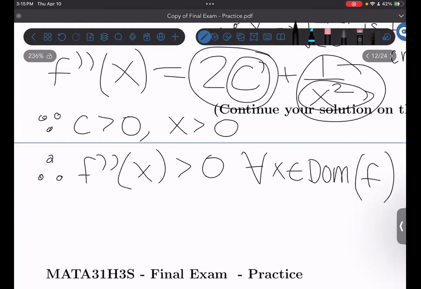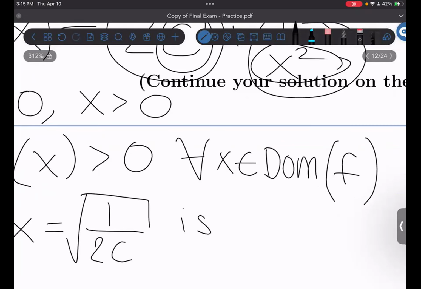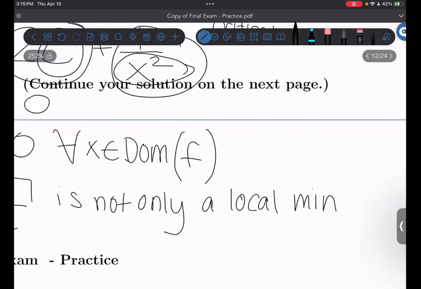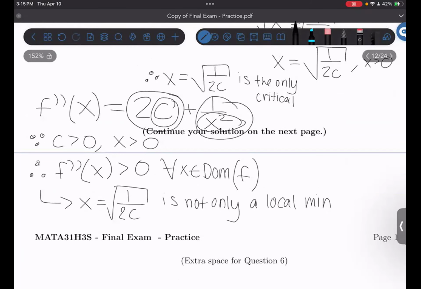So then this tells me that my critical point, the square root of 1 over 2c, is a local minimum, because the second derivative is greater than 0, so it would be concave up.